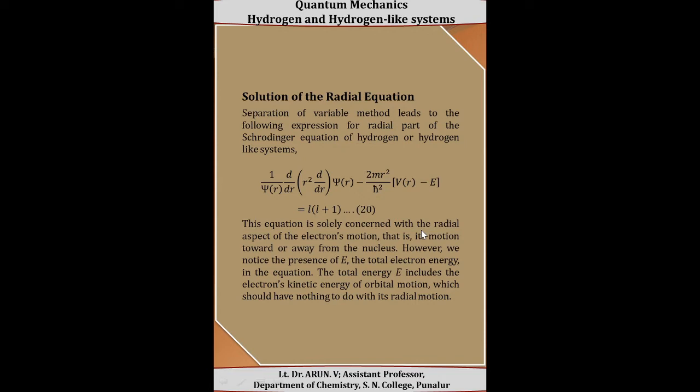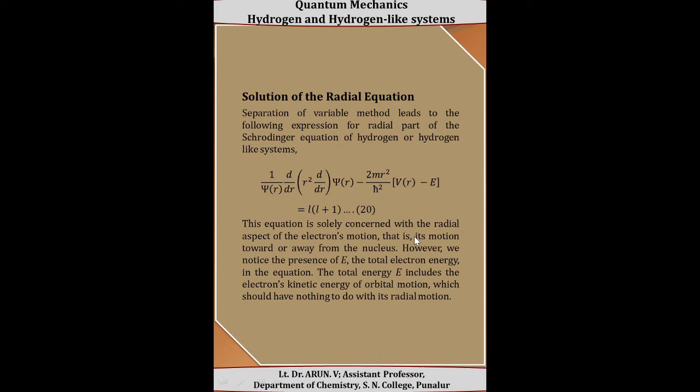The separation of variable method leads to the following expression for the radial part of the Schrodinger equation of hydrogen atom or hydrogen-like systems, that is (1/ψ(r)) d/dr (r² dψ/dr) − (2m r²/ħ²)(V(r) − E) = L(L+1).